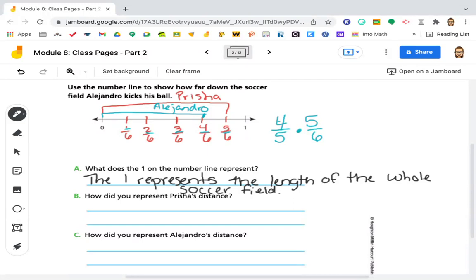How do we represent Prisha's distance? Well, I divided the line into 6.